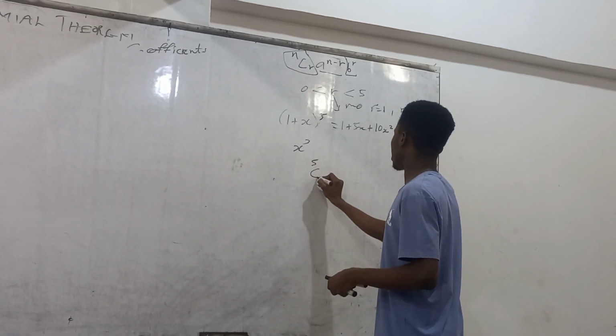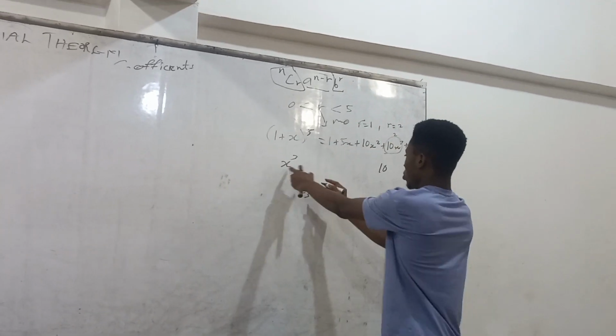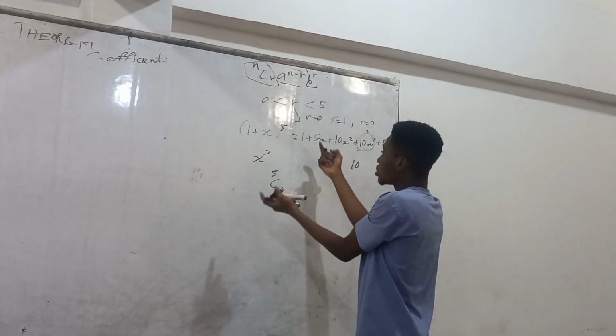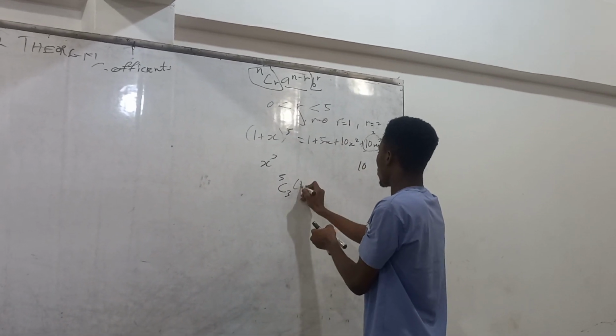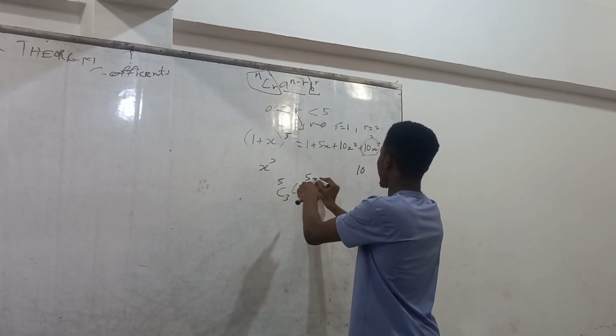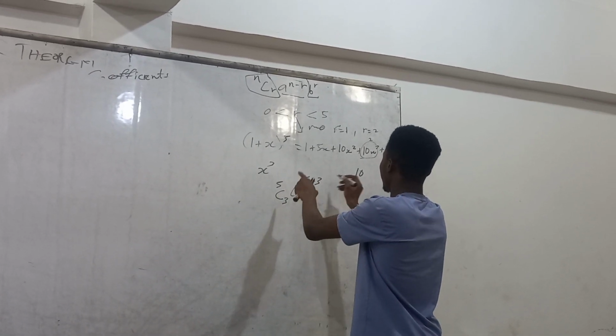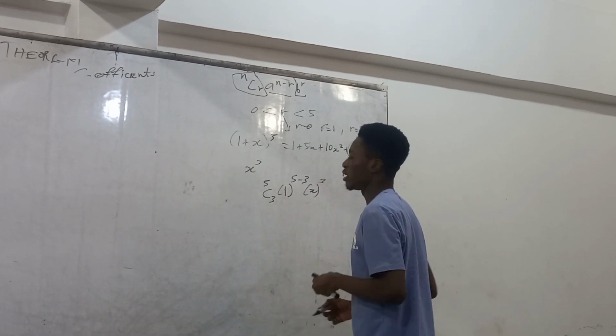So 5 combination 3. Since X and B are the same, here will be 1 to the power 5 minus 3, x to the power 3.